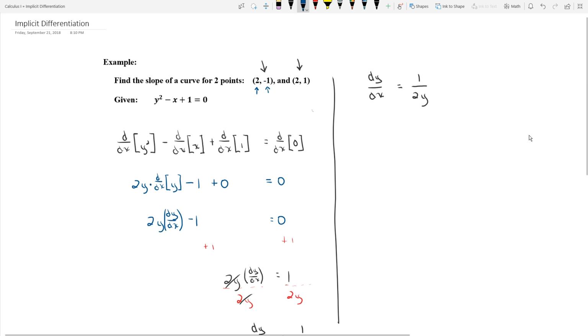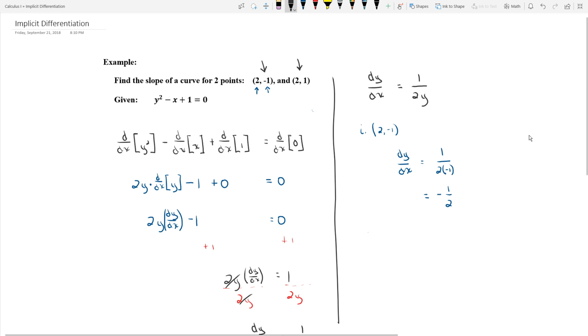So we're going to start with our first point. Our first point is (2, -1). And we are going to substitute for y. So we're going to have dy dx is equal to 1 over 2 times -1. And that is simply going to give us the slope of -1/2.